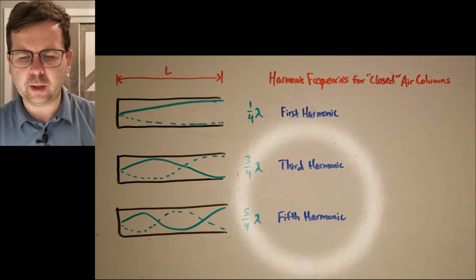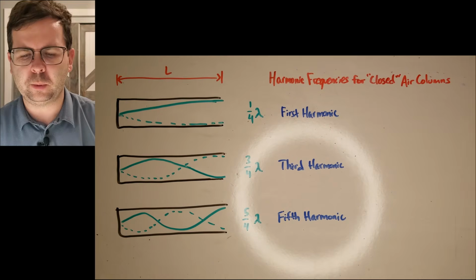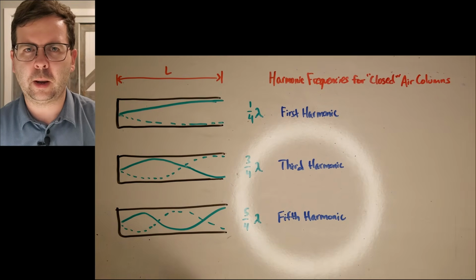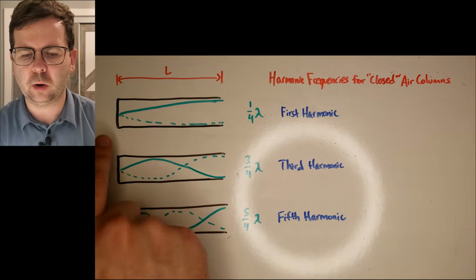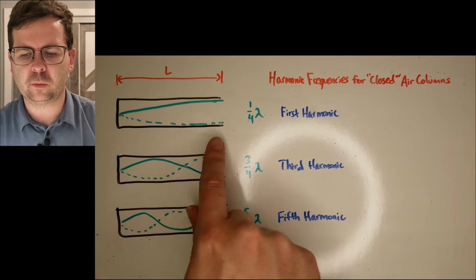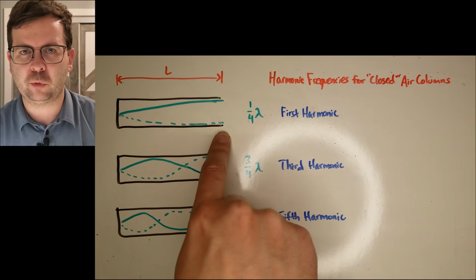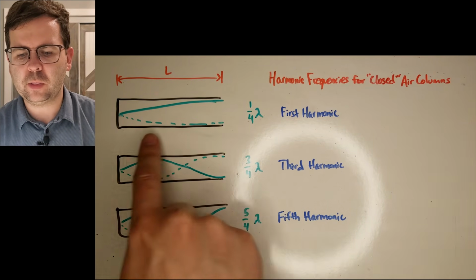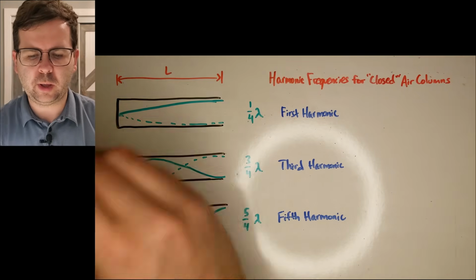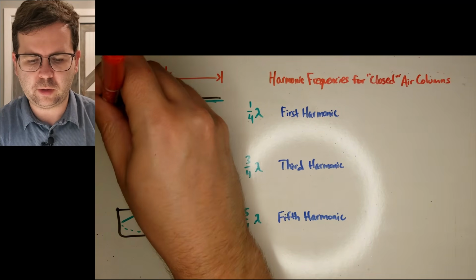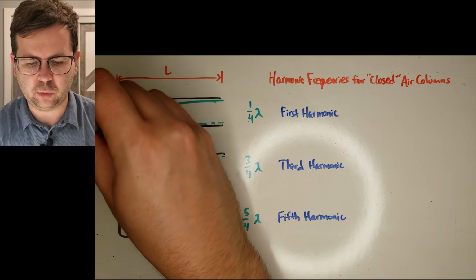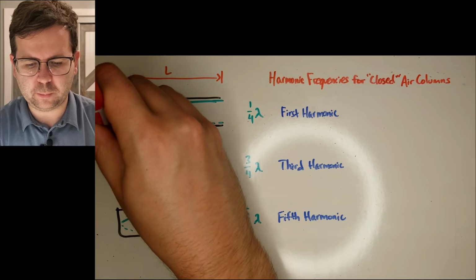So a closed pipe would be any kind of air column or tube or pipe where one end is capped off and the other one is left open to the atmosphere or the air. So in this kind of situation, on the end that's capped off or closed, we always have a node.